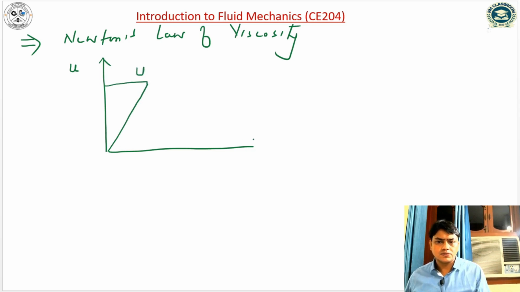This is u. According to Newton's law of viscosity, tau is equal to mu du by dy.